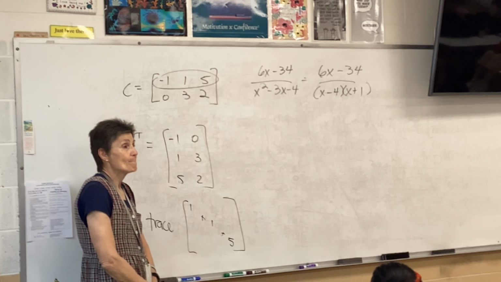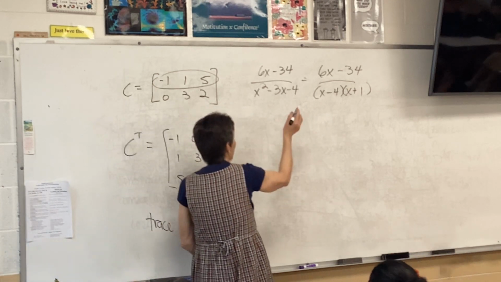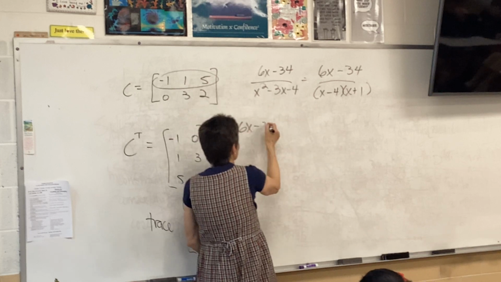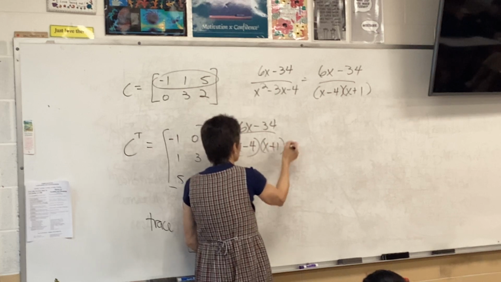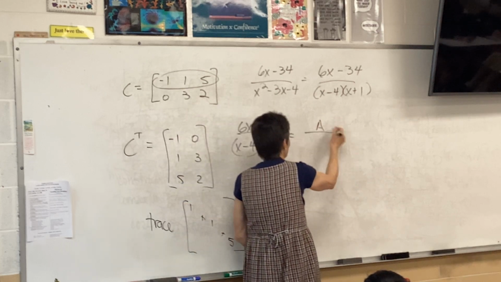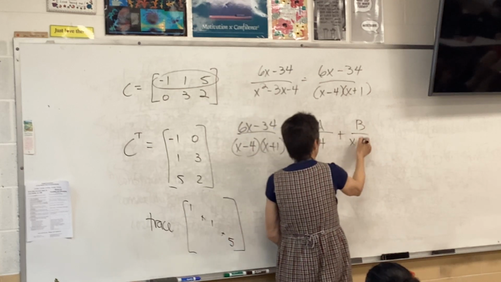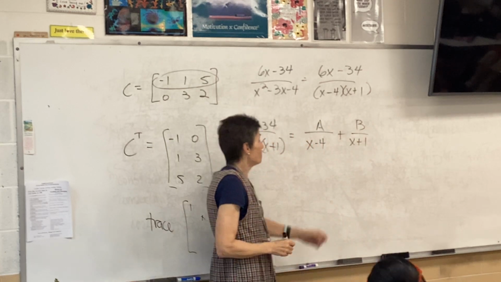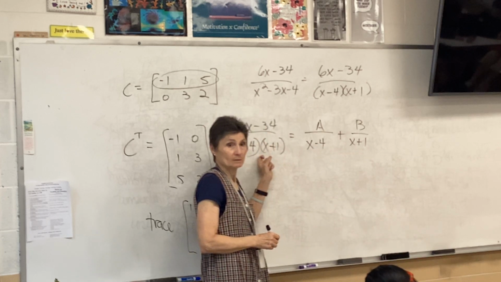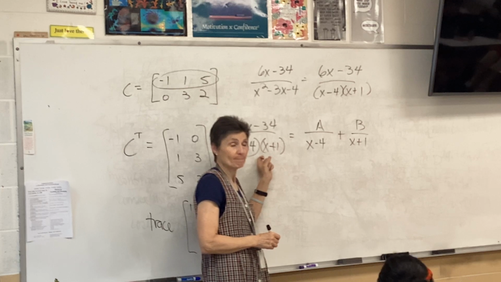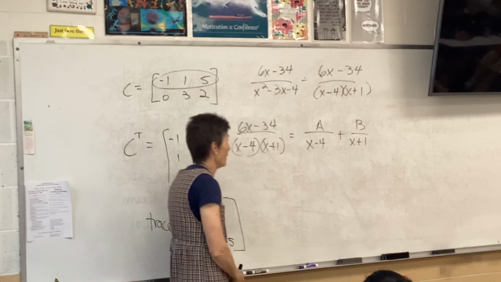Now what? So we know that that guy right there is going to equal 2 smaller fractions, one of them over x minus 4 and one of them over x plus 1, because this would be the common denominator of this problem, right? Okay. Now what?